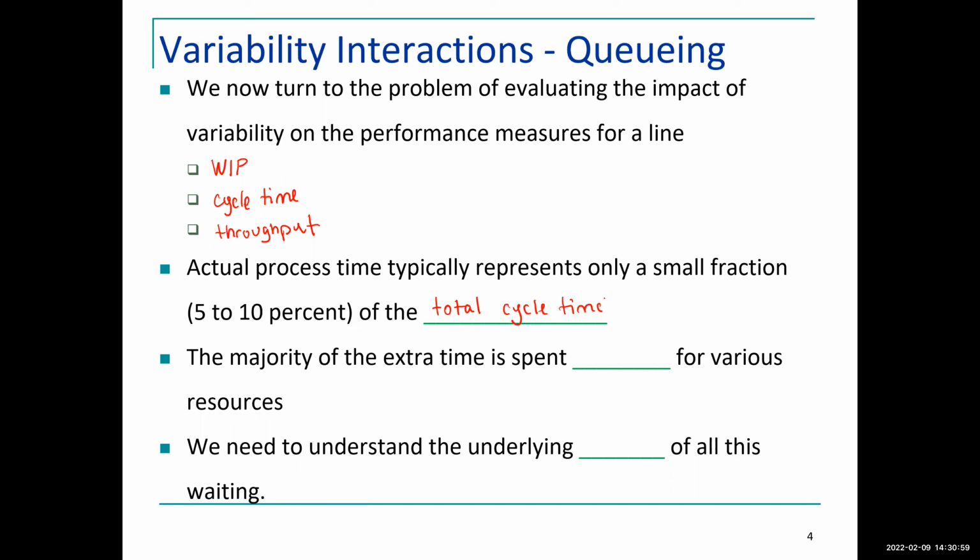So typically, same thing for a manufacturing line. Parts are going to be waiting in the warehouse. They're going to be moved to the manufacturing floor. They're going to be stocked. They're going to be put into the line. And then the actual time that they spend in the processing is very small. The majority of the extra time is spent waiting for various resources.